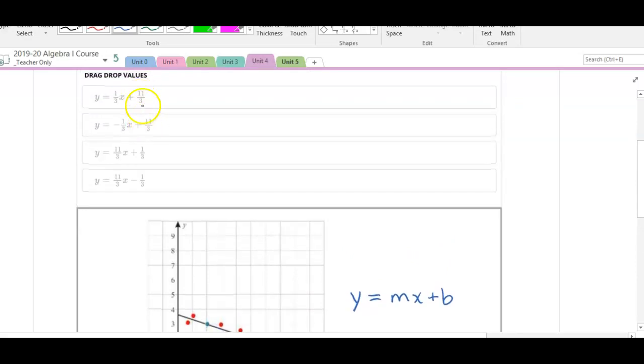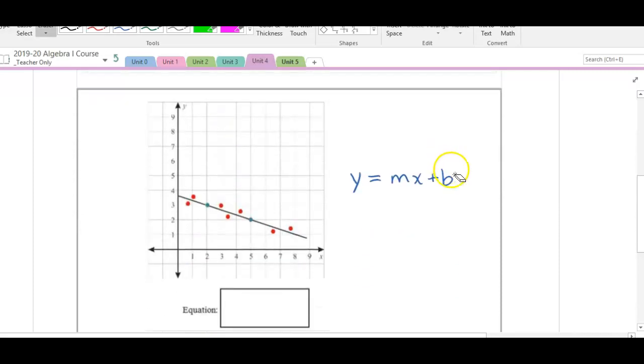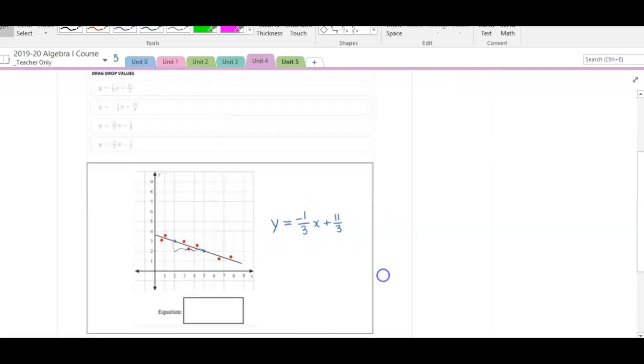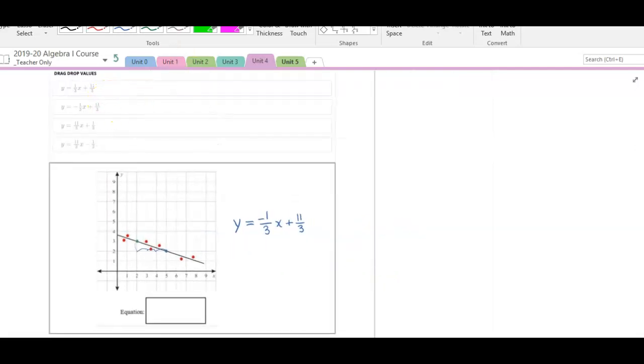Probably be approximately 11/3. So we think the y-intercept would be about 11/3. The slope, let's count it. We go down 1, which means -1, and then we go over 1, 2, 3. So we're looking for an equation that matches that, which is right here.